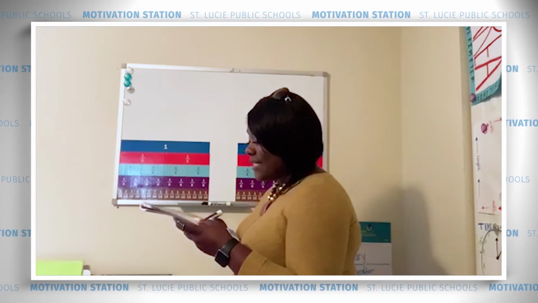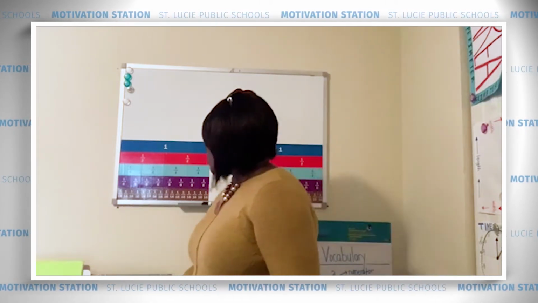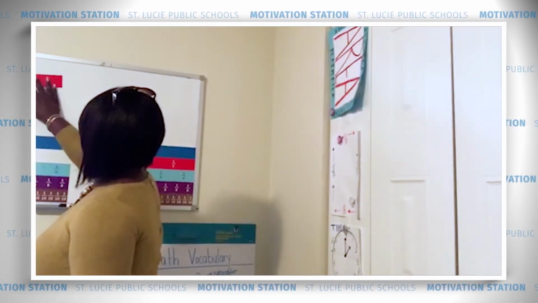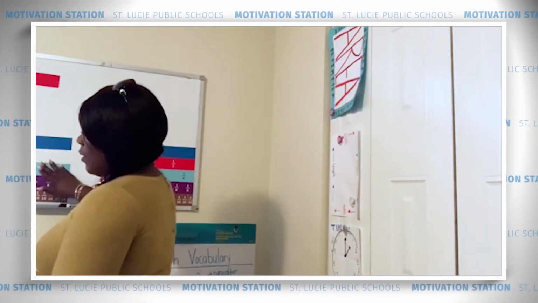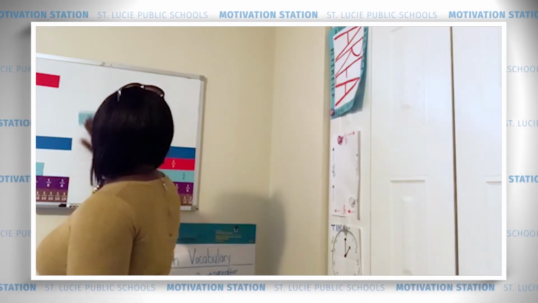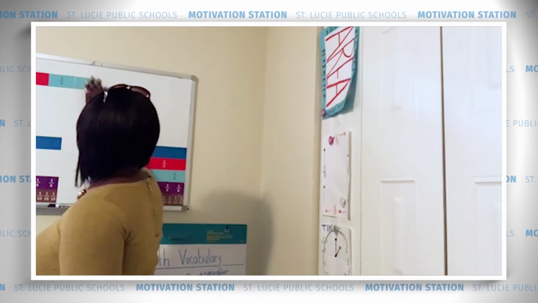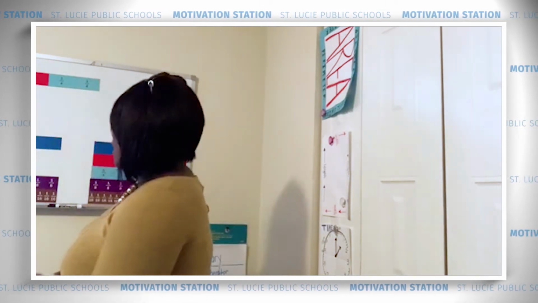So let's take a look at the train on page 22. So we have a half. We have 2 fourths. Another half.